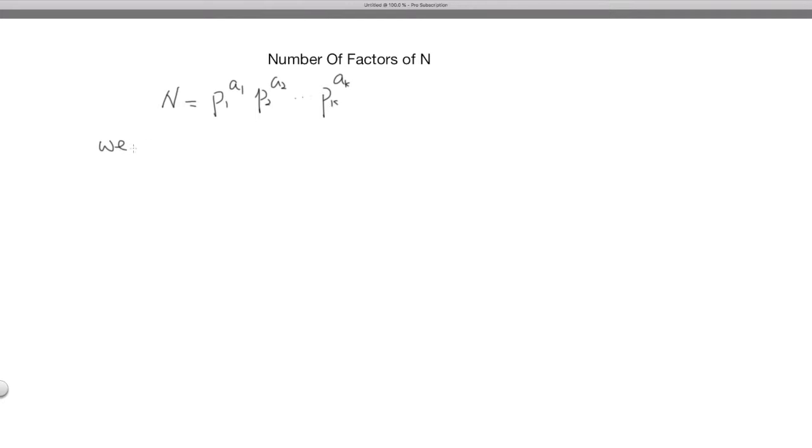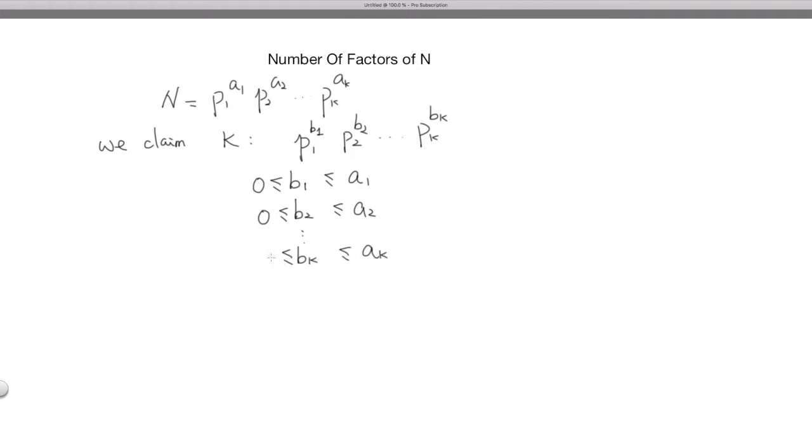So we claim a factor k is going to have the following form if k is a factor of n. k is going to be in the form of p1 to the power b1, p2 to the power b2, ..., pk to the power bk. There's some limitation on the bi's. b1 has to be less than or equal to a1, bigger than or equal to 0. b2 is going to be less than or equal to a2, bigger than or equal to 0. bk is going to be less than or equal to ak, bigger than or equal to 0.